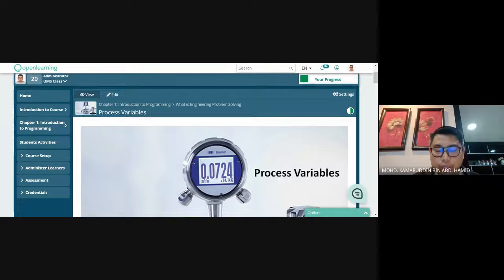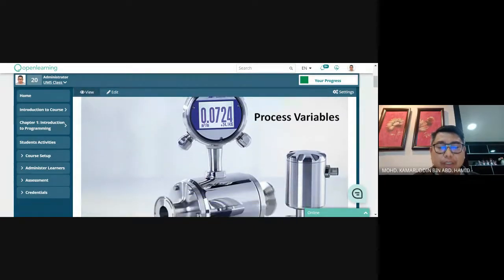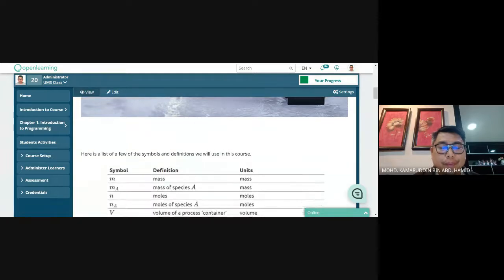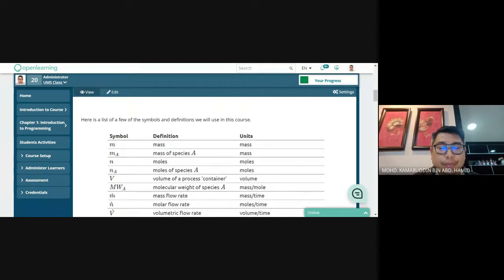What you need to do in this case is, there are several activities down there. Those who have not finished or completed this activity, please do so.